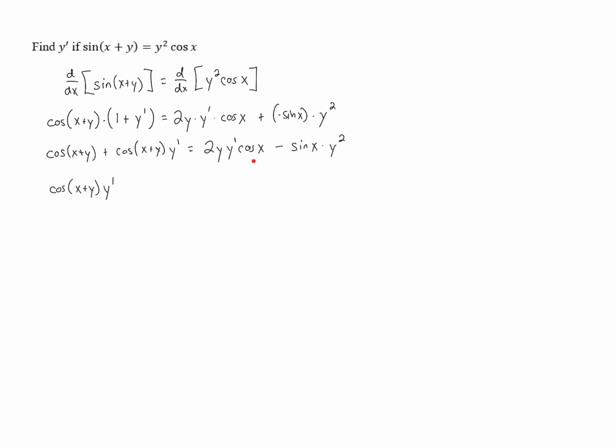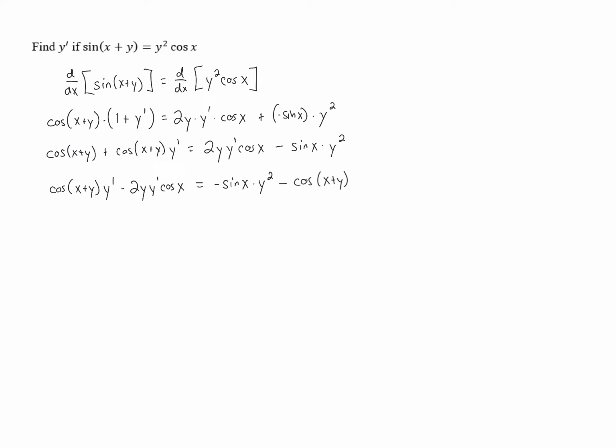And then this other term is going to move to the left and become negative because we're subtracting it. So minus 2y, y prime cosine of x. And then on the right, we still have this negative sine of x times y squared. But then we're also going to have negative cosine of x plus y, because this term that doesn't have a y prime, we're going to subtract. So it's going to become minus cosine of x plus y on the right.